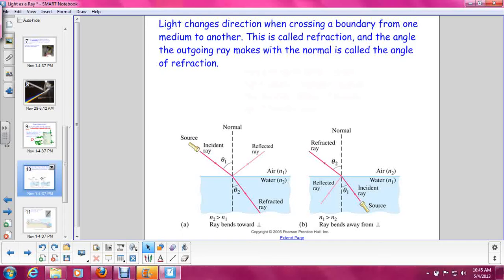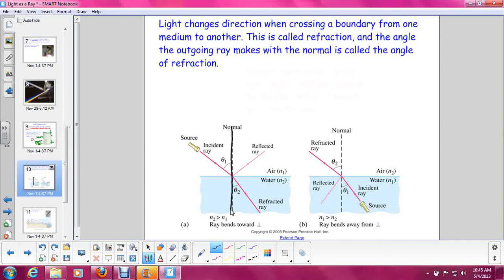So light changes direction when it crosses a boundary from one medium to another. This is called refraction. The angle the outgoing ray makes with the normal is called the angle of refraction. Remember, we always measure these angles from what we call the normal.